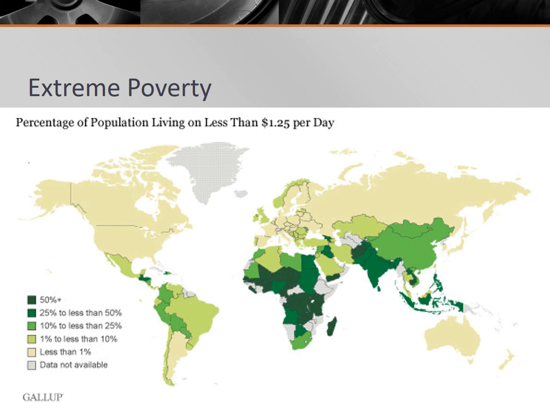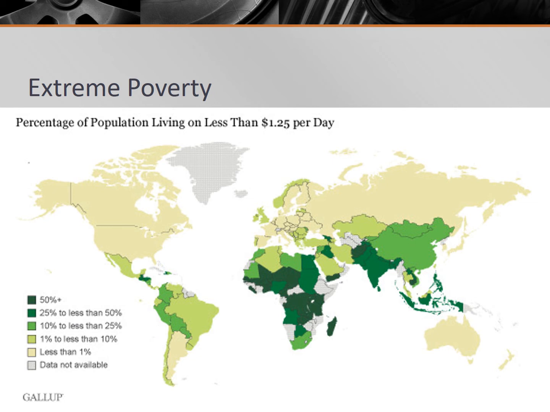But the map that we're looking at here is looking at extreme poverty. And the World Bank has established two international poverty lines that help us to distinguish between extreme poverty, what we're looking at here, that is living on $1.25 or less per day, and then moderate poverty, which is $2 per day.